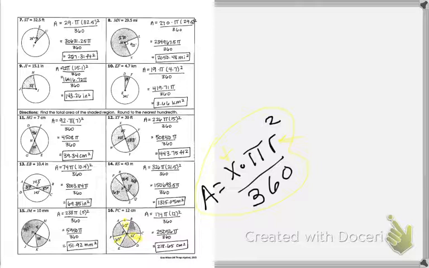So if I want to know this shaded region, all I'm going to do is 3 times 62 equals 186.